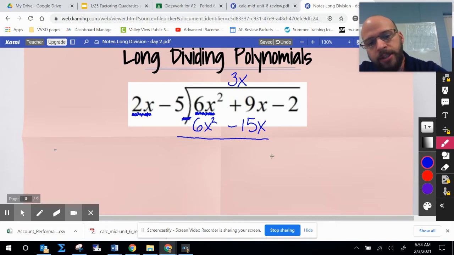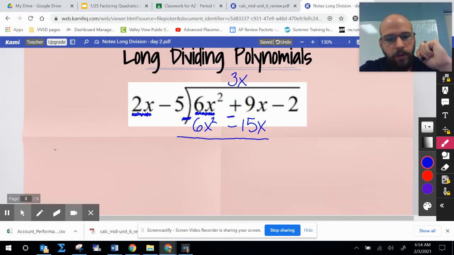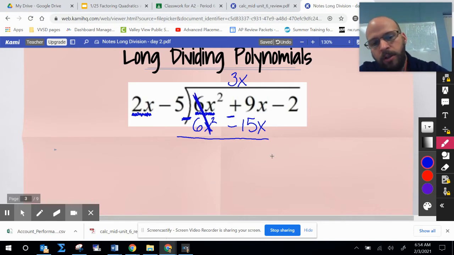Now, just like with any long division, our next step is to draw my little line and subtract. This is the part where you have to be very, very careful. 6x squared minus 6x squared just goes to 0. Then 9x minus a negative 15x is the one you have to worry about.